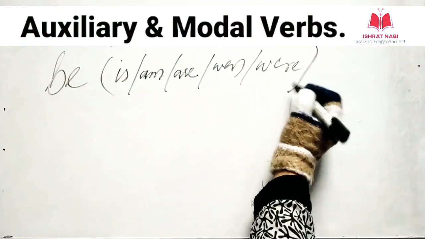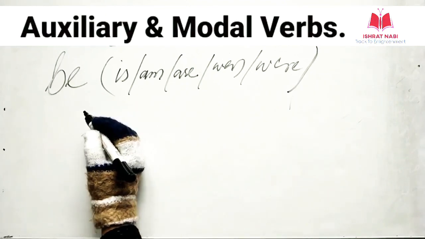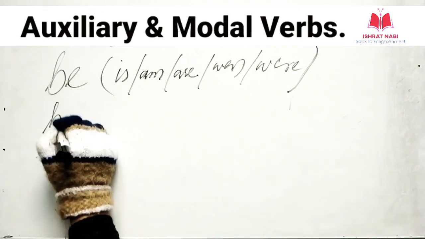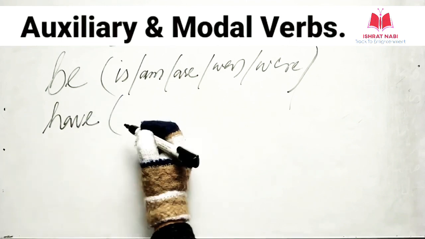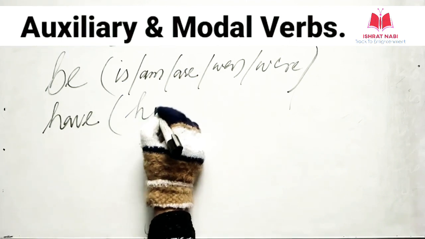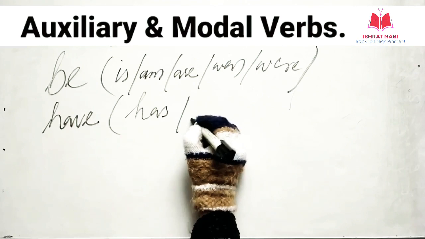The next auxiliary verb is have, with its forms has and had.